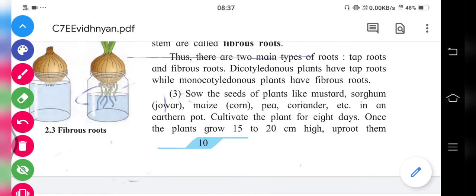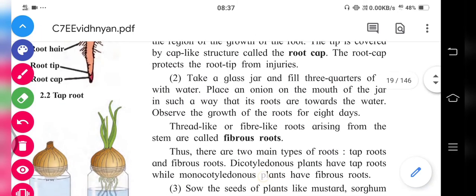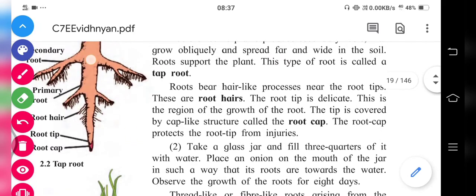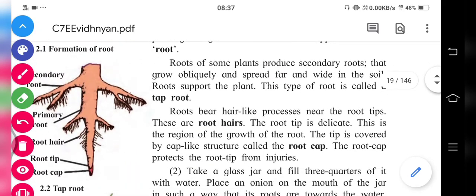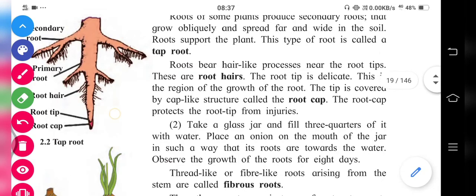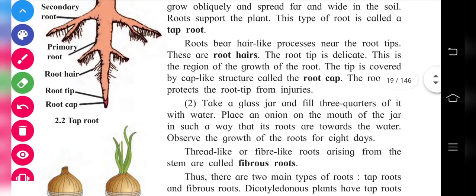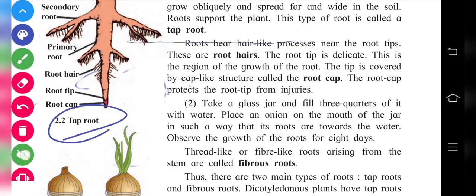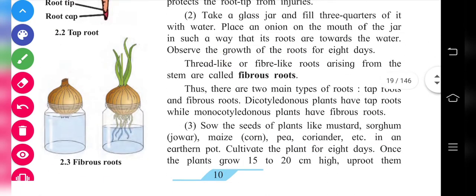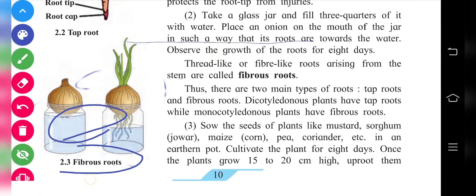Tap roots you already saw here, these are the tap roots. This one is a tap root, and the other one is a fibrous root. This one is a fibrous root.